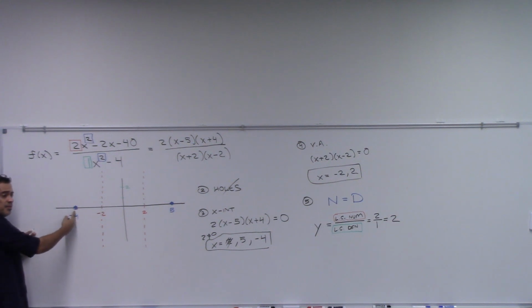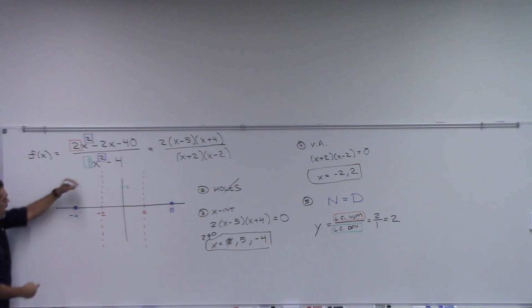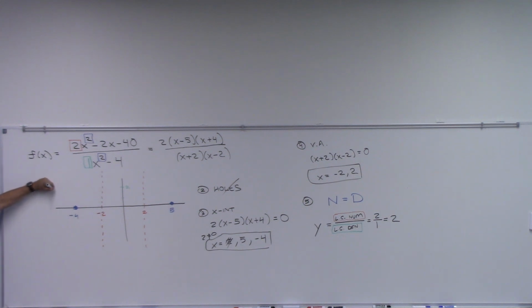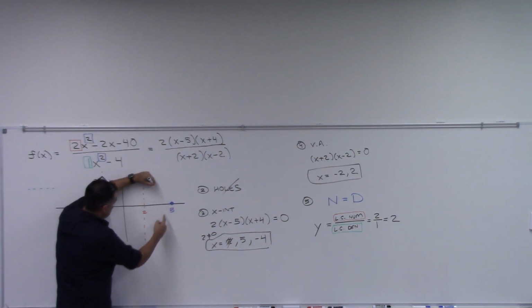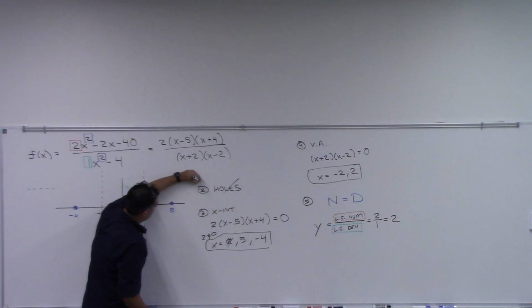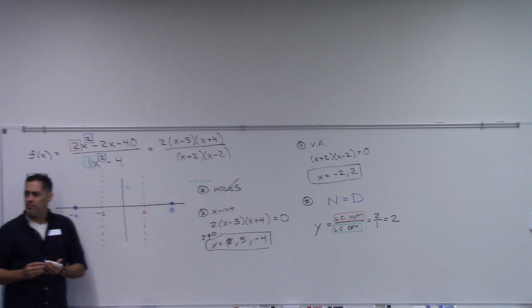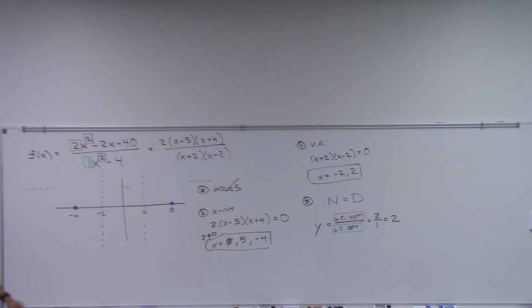The last piece of information I have is negative 4, so I'm going to go past that, and over here I'm going to start drawing a dotted line this way. And over here, the last piece of information I have is an x-intercept at 5, so somewhere over here, I'm going to draw my dotted line. Y'all see that horizontal? Lifted up 2 units.